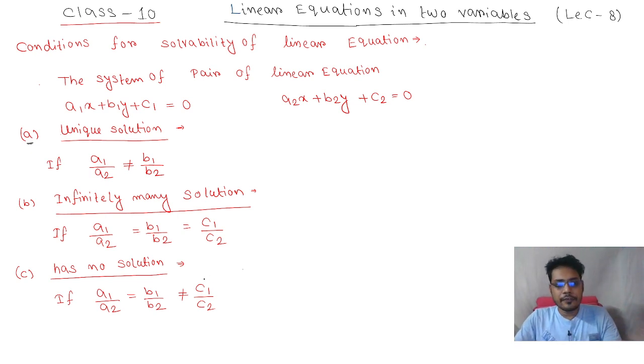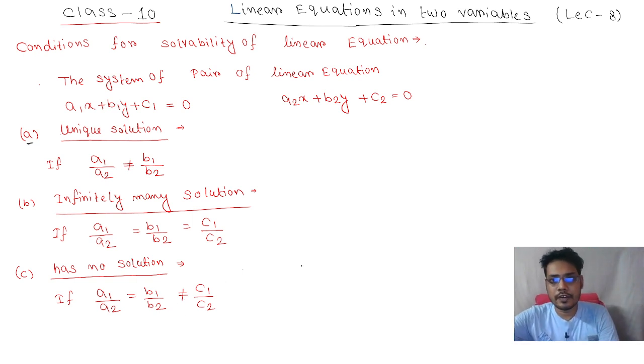And if infinitely many solutions are there, then the condition should be a1 by a2 equals b1 by b2, and it is also equal to c1 by c2. And the third condition, if it has no solution: the condition is fulfilled only if a1 by a2 and b1 by b2 are equal, but not equal to c1 by c2.